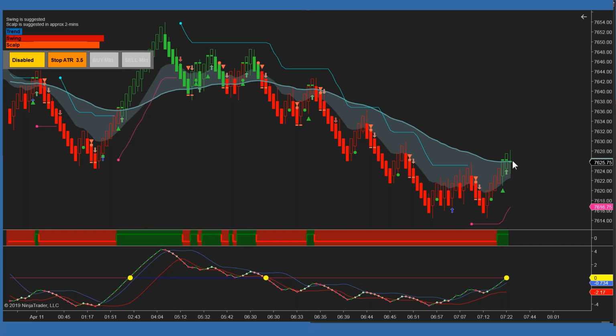And once we have the pullback here on the Eagle, ideally 2 bars to reverse, then we can throw our buy order in. And if the breakout continues, well, then we'll be on that second leg.